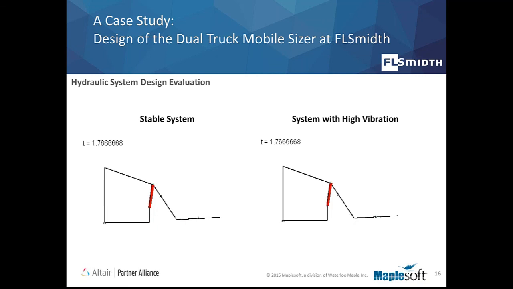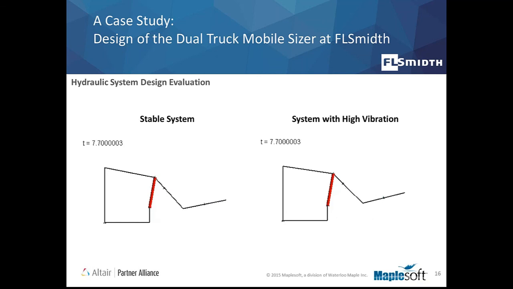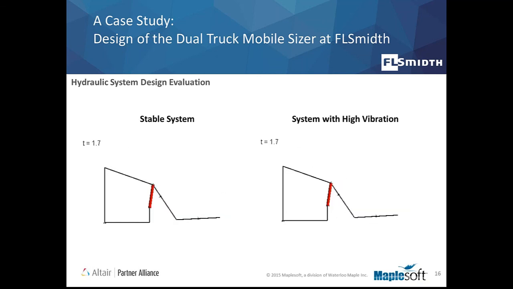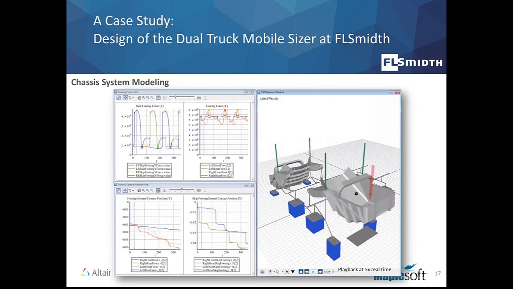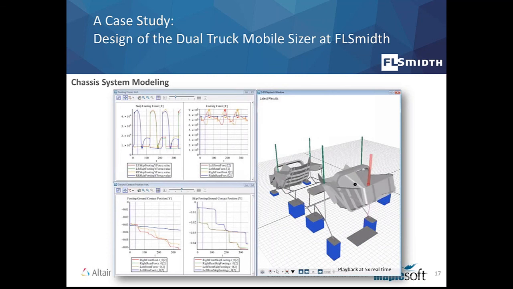So we found that depending on where the sensors are located, or how the information is coming in and the controller is tuned, there could be a possibility for vibration in the skip motion. And as I mentioned, this design was rejected and replaced with a robust system. So we are now looking at putting the system together.